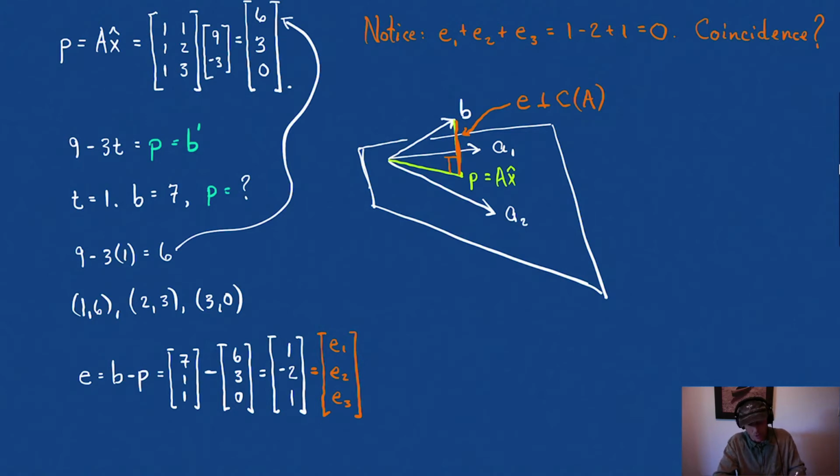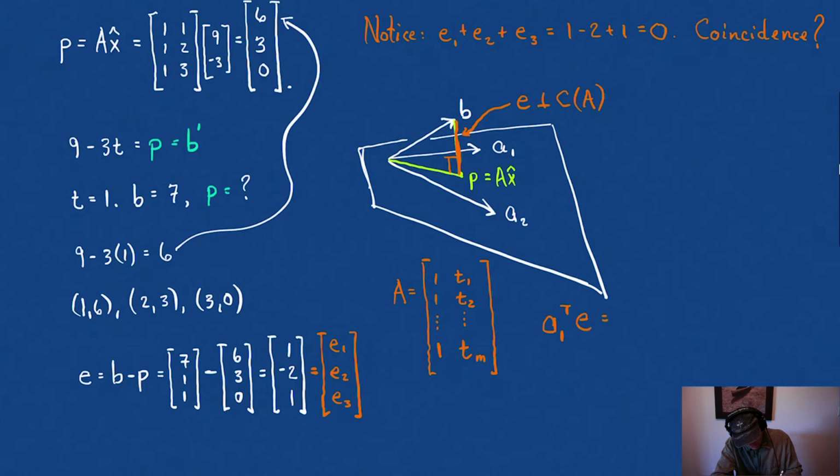Well, let's take the one thing we have in every one of our linear regression equations: our matrix A has a column of 1, 1, dot dot dot, 1, and then T1, T2, dot dot dot, Tm. Well, wait a minute. That means that the first vector, A1 transpose E, has to be 0.